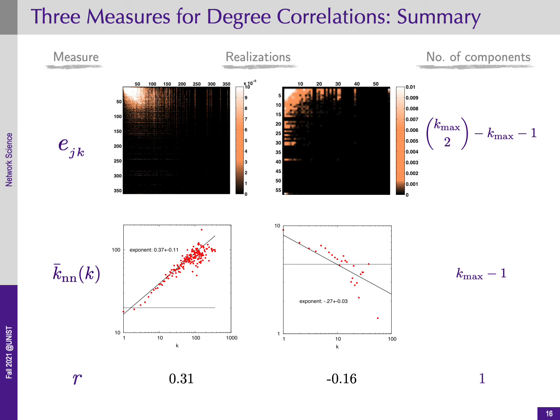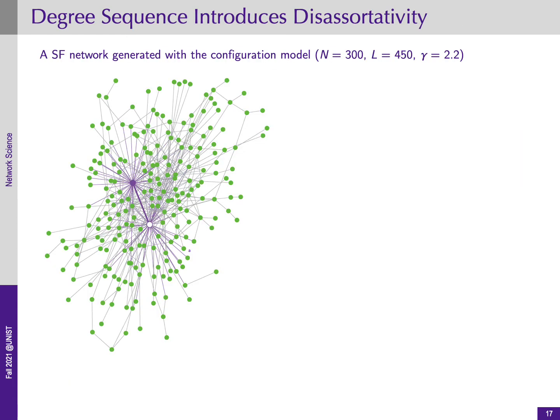Depending on your purpose or your analysis, it may be okay to use the value r, but at other times you might want to use the other measures of correlations. Now we delve into the origin of these degree correlations.